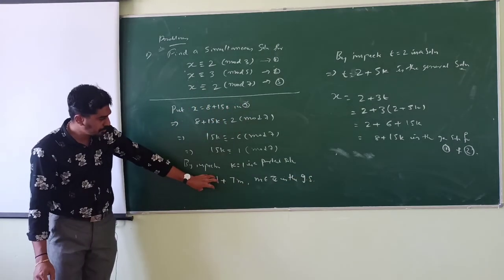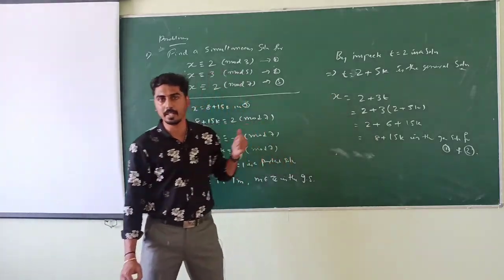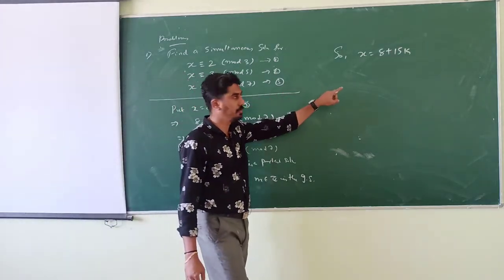Now I am going to substitute this to get the simultaneous solution. Substitute k equal to 1 plus 7m in x equal to 8 plus 15k.